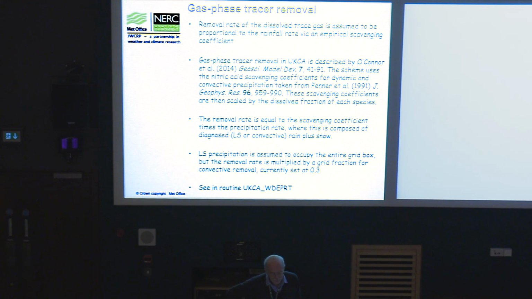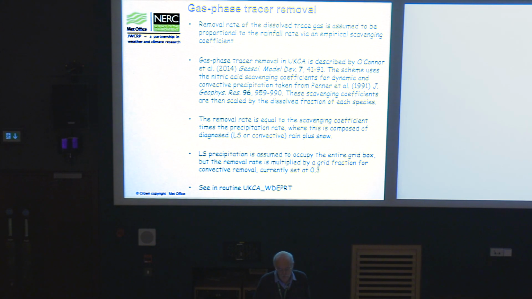So that's a scavenge coefficient times the precipitation weight, where the diagnosed precipitation is rain plus snow. We haven't got a separate treatment for snow and ice in this model.